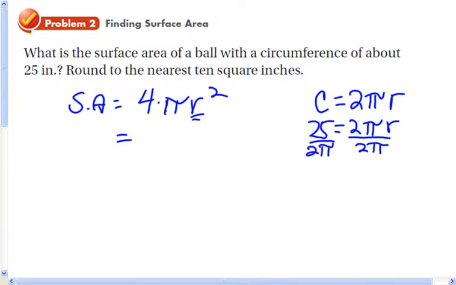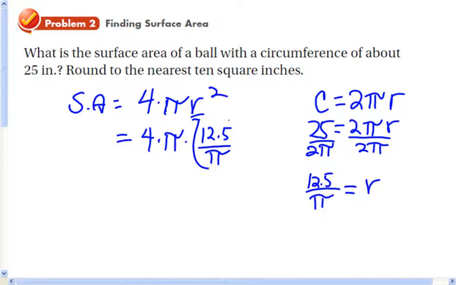And 25 divided by 2 is 12.5 over pi. And I'm just going to leave it like that for my substitution and work with that. So that's my radius. I'm going to substitute that in here. And we need 12.5 over pi squared.